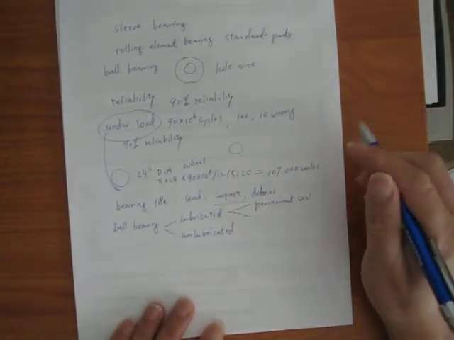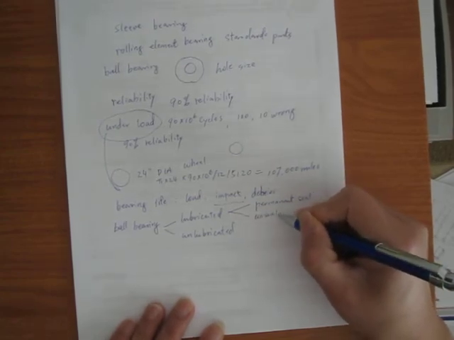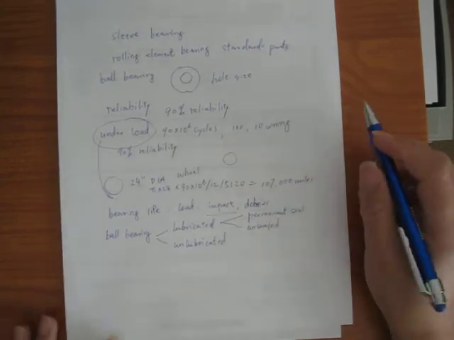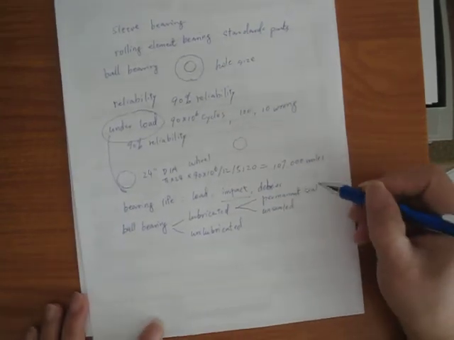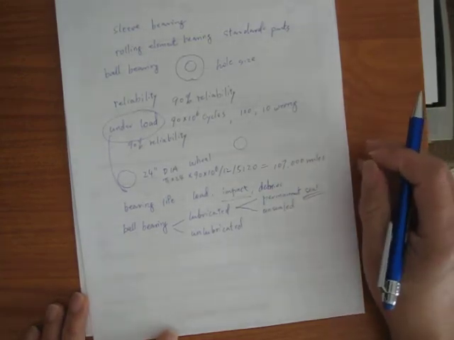Unsealed has just some grease, and you need to add grease all the time. If a seal goes bad, the bearing will go bad very fast too.